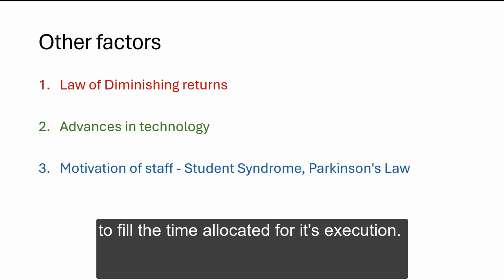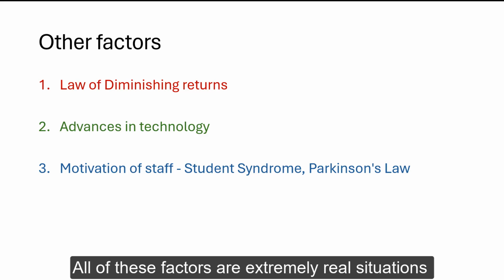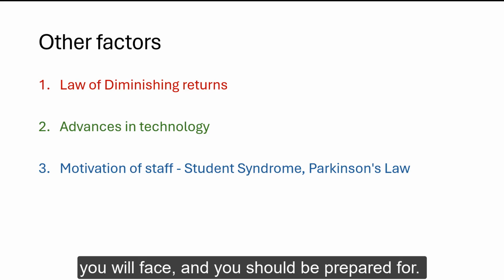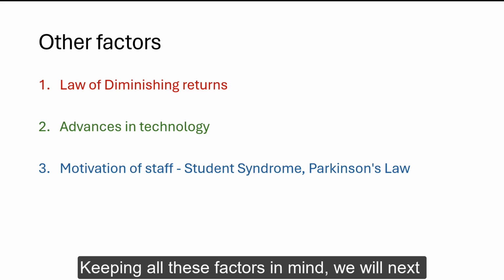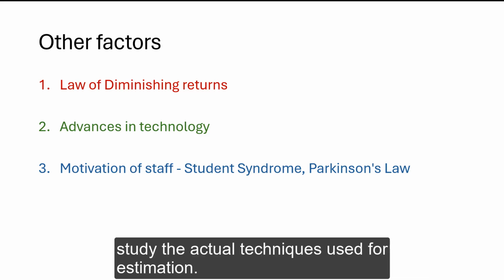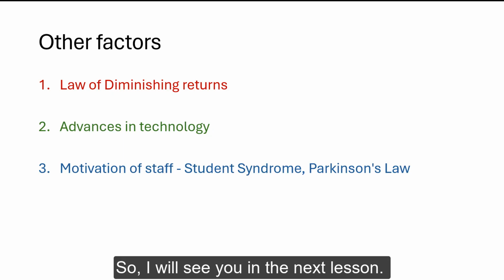If you give an activity 2 weeks, it will take 2 weeks. So you should be wary of Parkinson's law too. All of these factors are extremely real situations that you will face and you should be prepared for. Keeping all these factors in mind, we will next study the actual techniques used for estimation. So, I will see you in the next lesson.